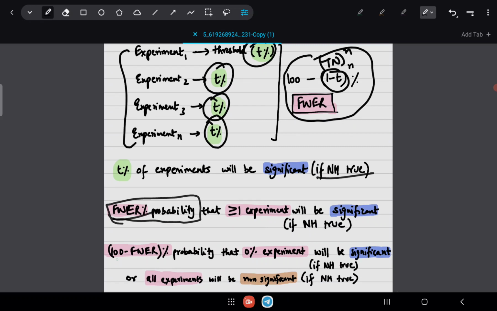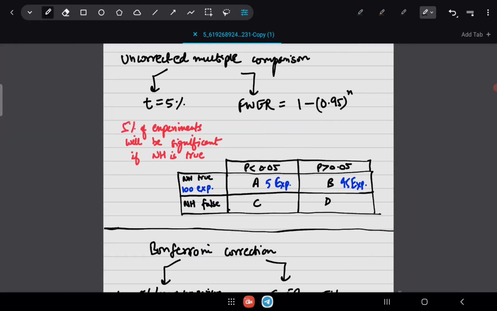And 100 minus FWER% will be the probability that 0% of experiments will give a significant p-value if the null hypothesis is true for all the experiments. Or I can simply say there is a 100 minus FWER% probability that all the comparisons will give a non-significant p-value if NH is true for all the experiments.